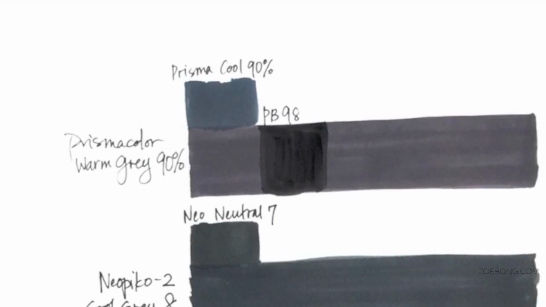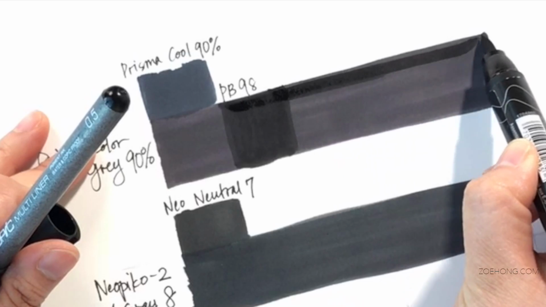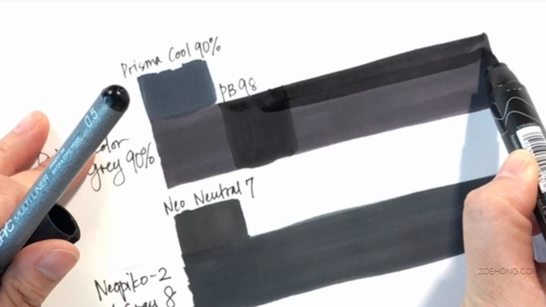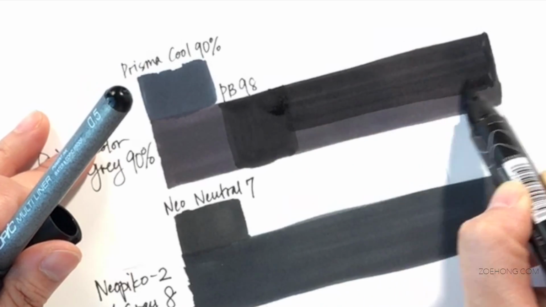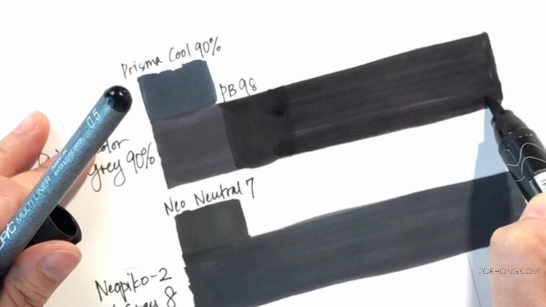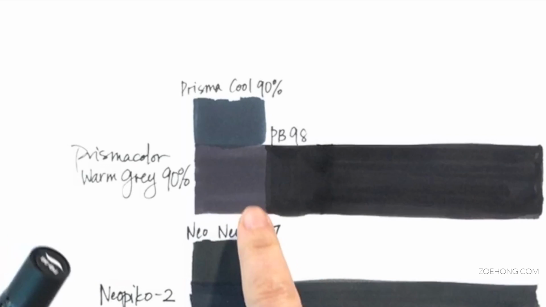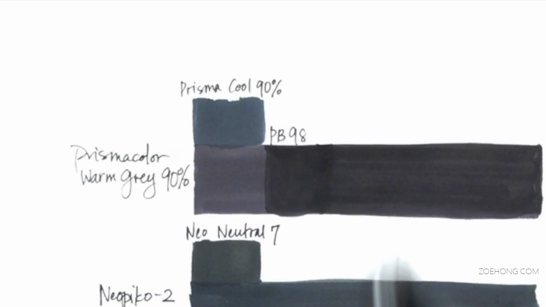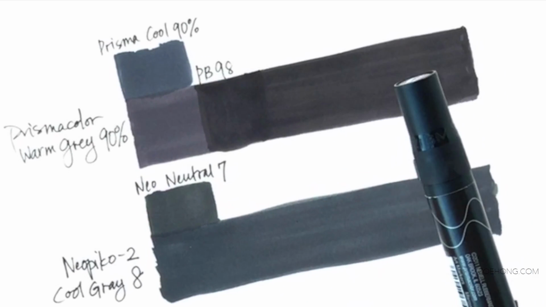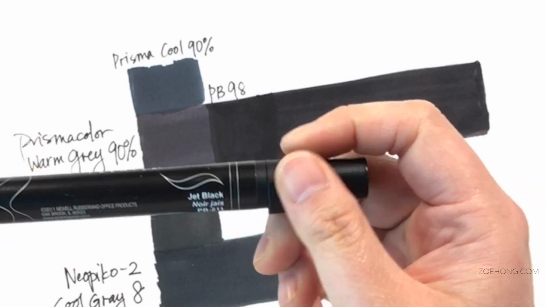And when I illustrate, let's say, a black blouse, I will have a light black base fabric color, and I will use a dark black to do my shadows. And so let's pretend I use the Prismacolor Warm Gray 90 as my light black, and then I would use my Prismacolor Black PB98 as my dark black, my shadow color, and I would layer the shadows on top of the base color. And so I'm going to test it by layering it on top.